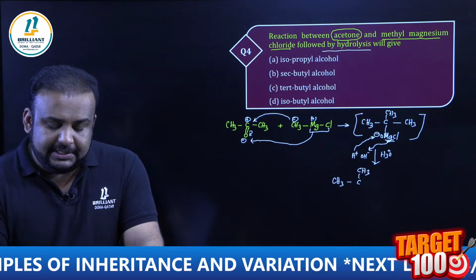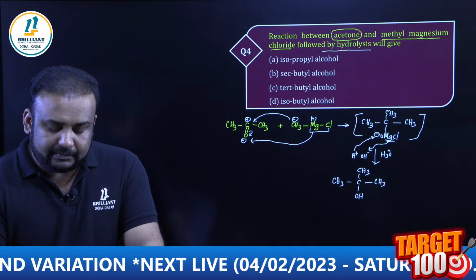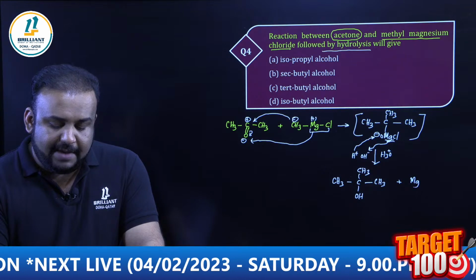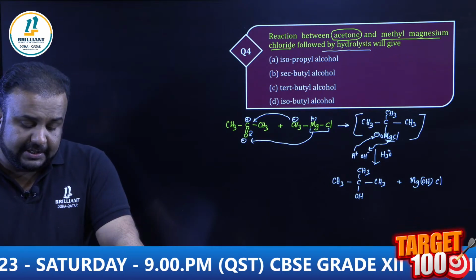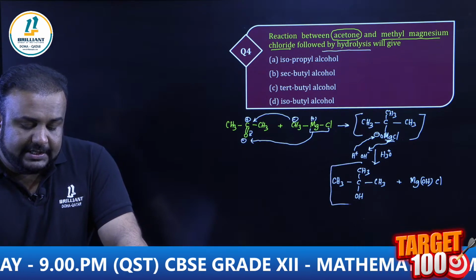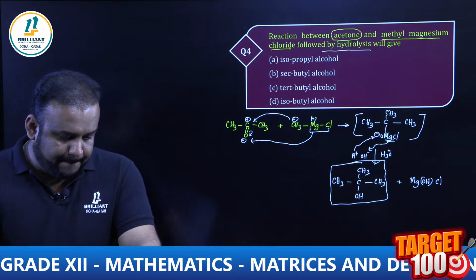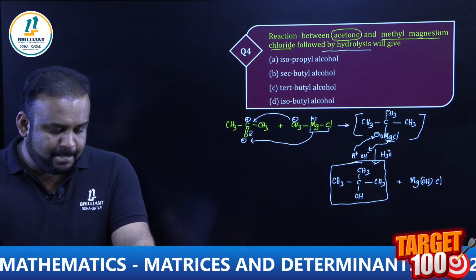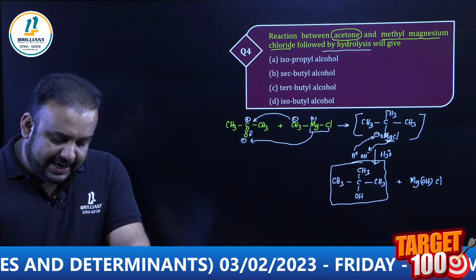CH3, C, OH, CH3, plus MgOHCl. This will be the byproduct. So what is this compound? Right. Yes, most of you have written the correct answer.